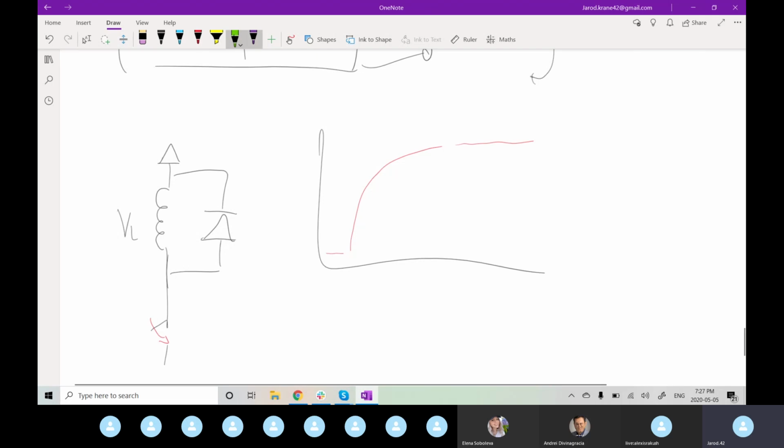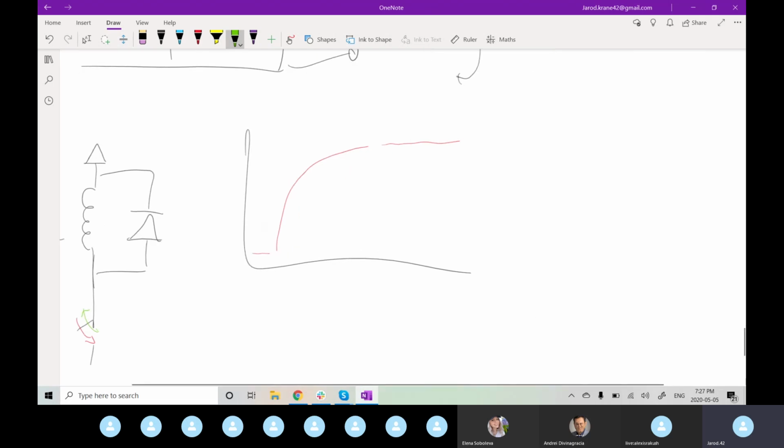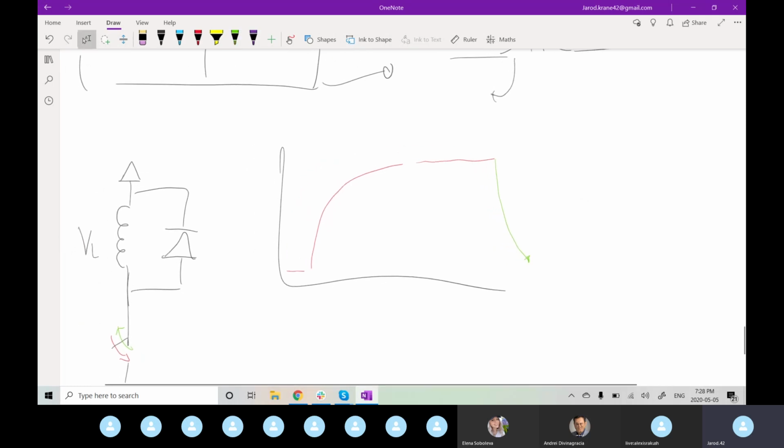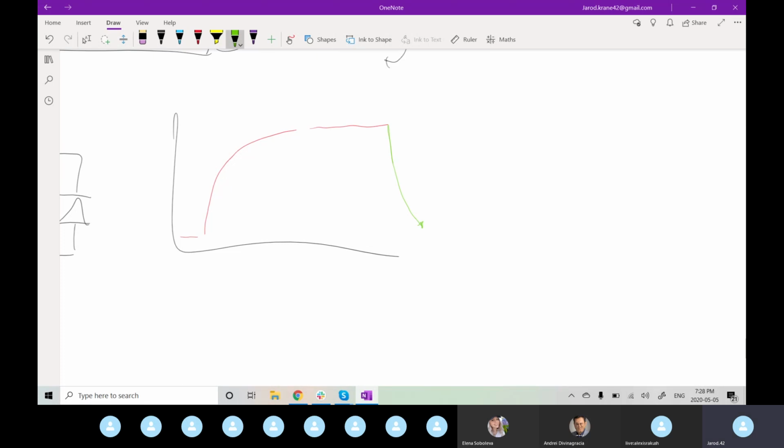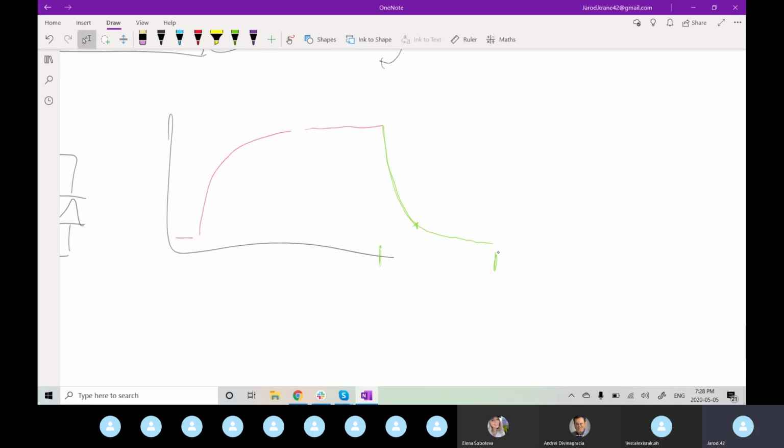And then as soon as we open it, if we have just the diode, it may be a drop that takes that long to discharge.